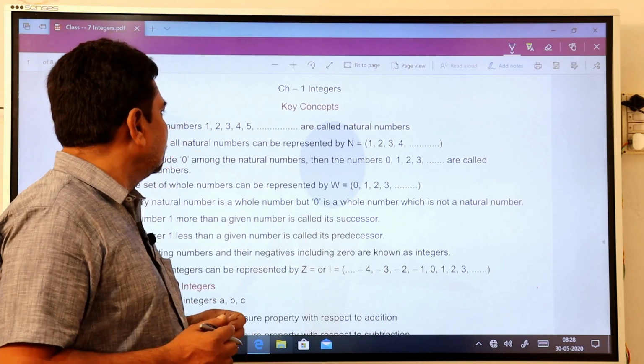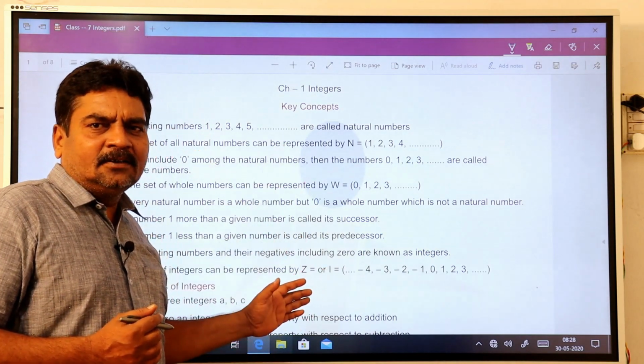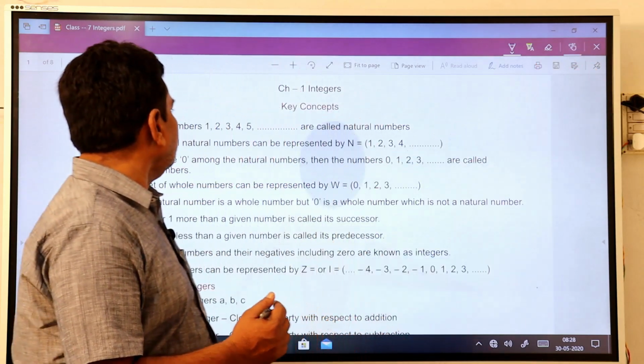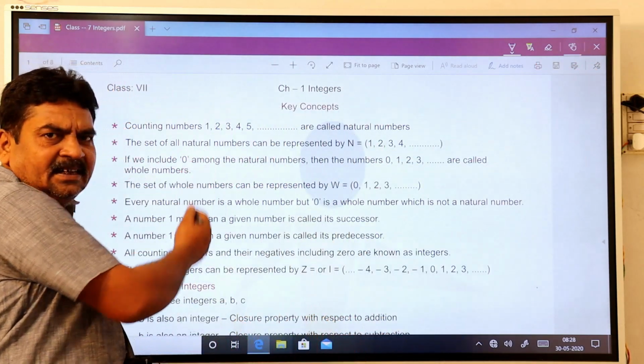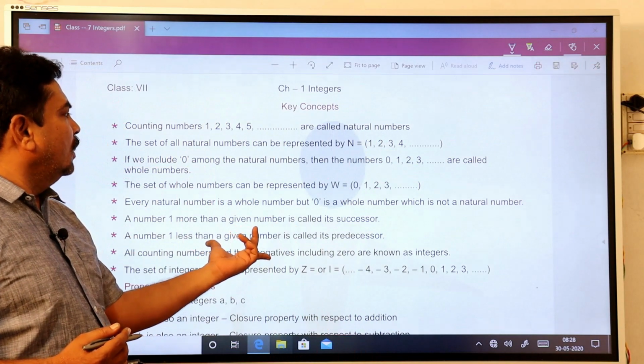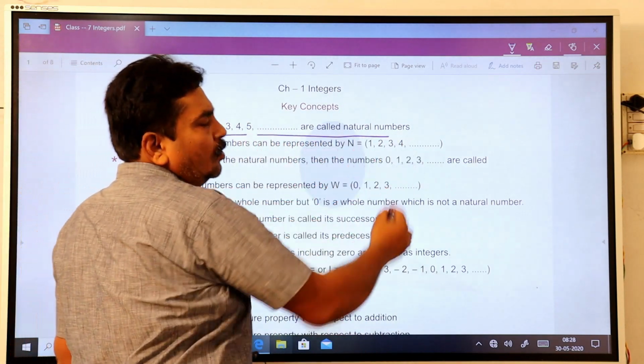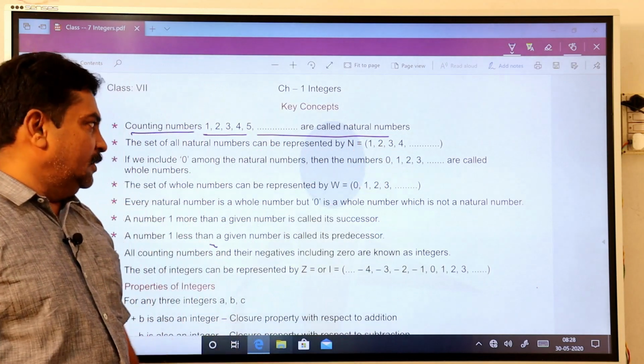Here there are certain points I would like to refer to. I'll just read this so that you will come to know. Counting numbers 1, 2, 3, 4, 5, and so on are called natural numbers.